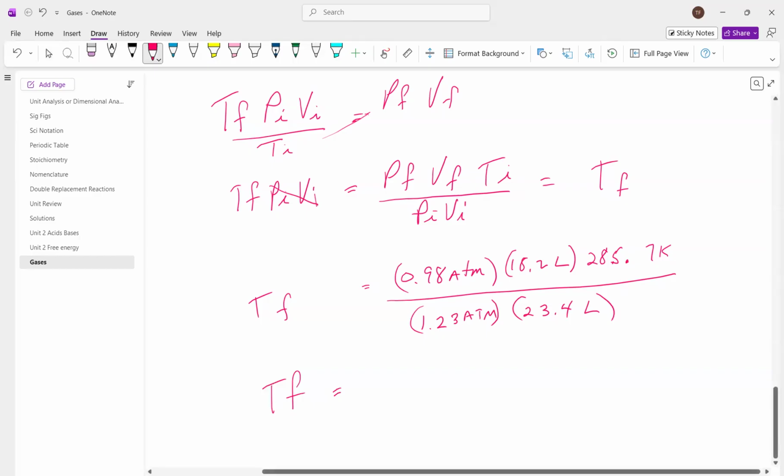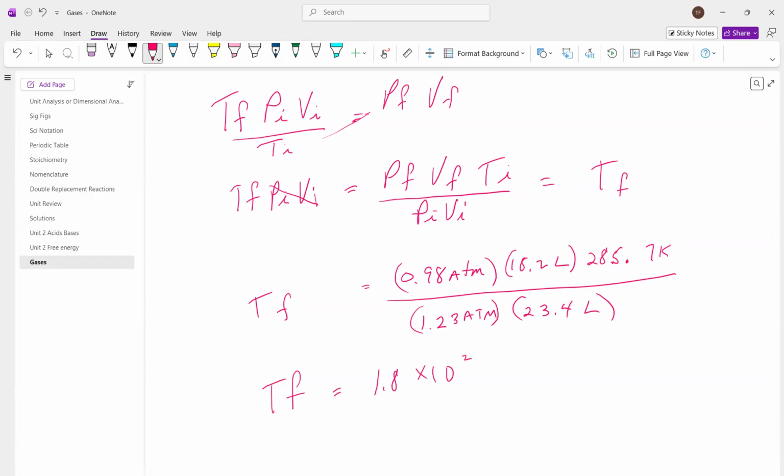Okay, so we're looking at 2 sig figs. That's 1.8 K. I'm going to subtract 273 because we want it in centigrade.